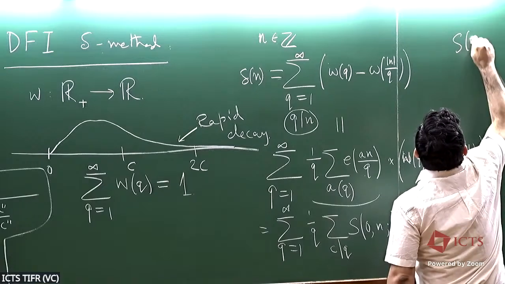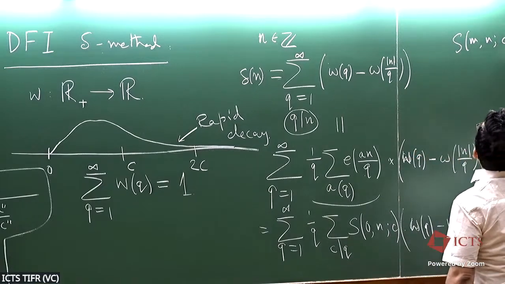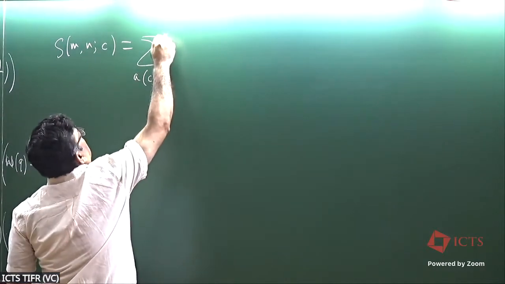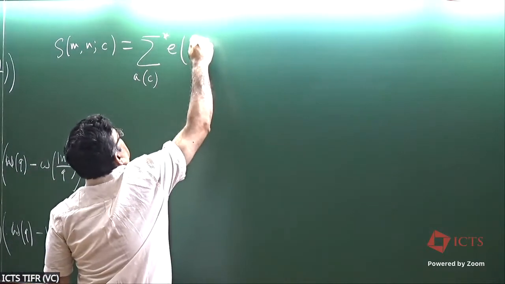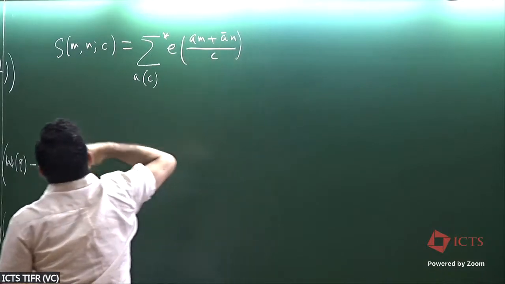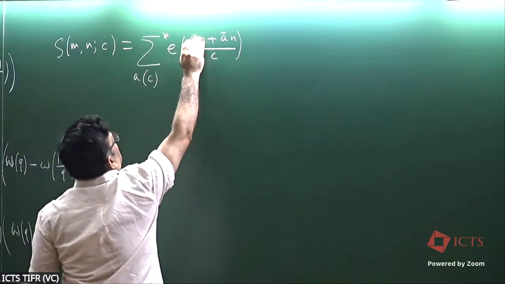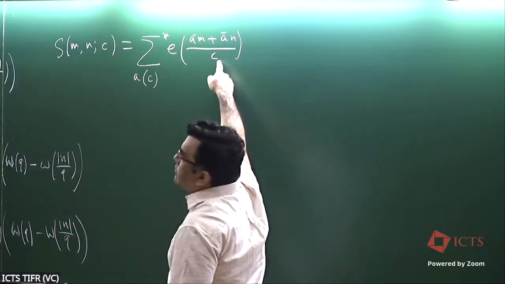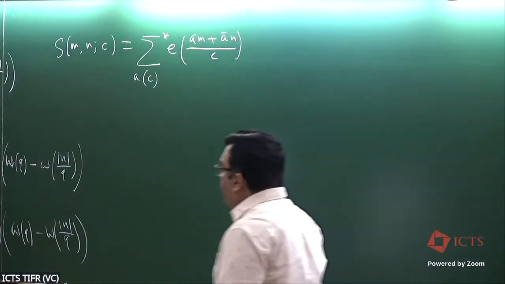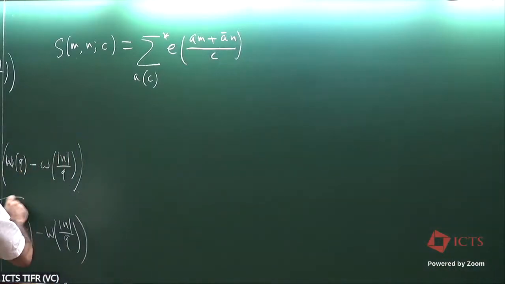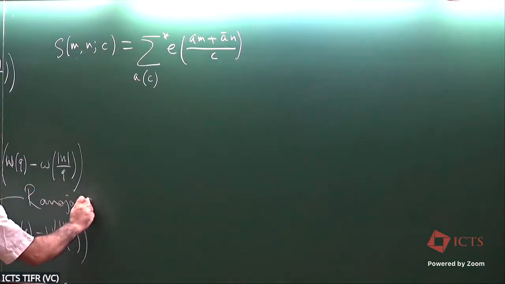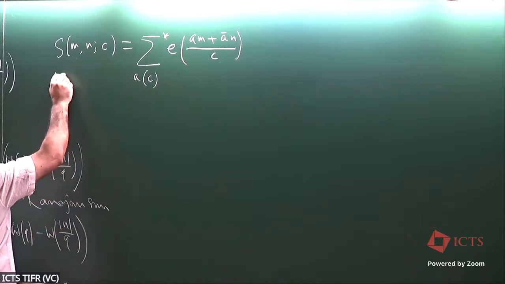Usually S(m, n; c) is the Kloosterman sum. So it's running over a modulo c, coprime with c, of e((am plus a bar n) by c). So when you take m to be 0, then this part is gone, and you're just left with a bar n by c, with a and c coprime. So that's the Ramanujan sum. So this is a special case of the Kloosterman sum.